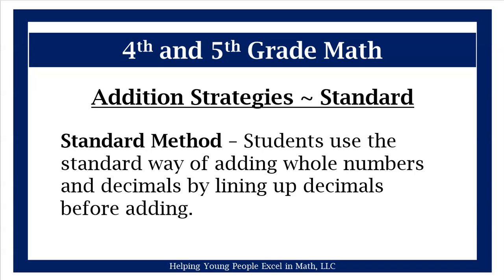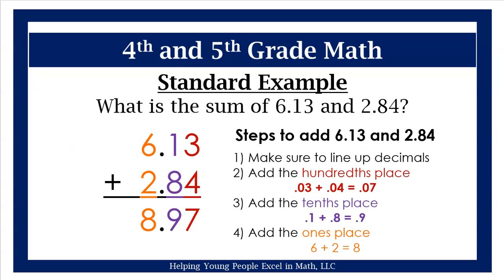Let's look at our next strategy. Our next strategy is the standard method. This is where students use the standard way of adding whole numbers and decimals by lining up decimals before adding. Our word problem says, what is the sum of 6.13 and 2.84?